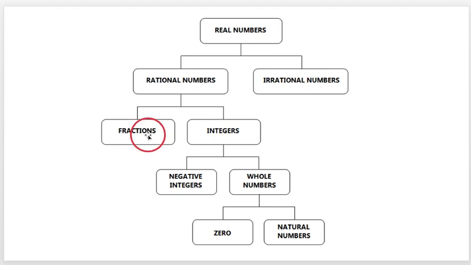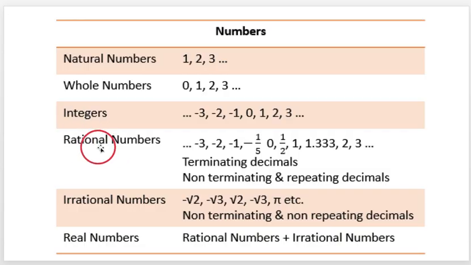So fractional numbers and integers, if we add, we get rational numbers. So in the rational numbers, negative numbers are there, positive numbers are there, 0 is there, fractional numbers are there. Okay.